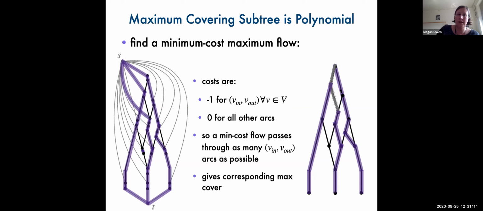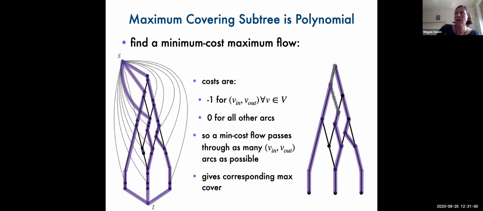Any flow coming into a vertex can only leave through 1 vertex. But that's why we connected the source to all the incoming vertices. So we have one path here, and then our source is connecting up to the start of this vertex and the start of this vertex. So essentially you can only get paths equal to your number of leaves. So you'll end up with, in this case, 3 paths.